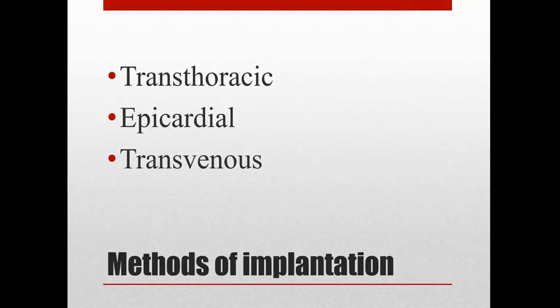And then it's guided to the heart under fluoroscopy, so it lets the physician see exactly where they're going. The tip is then attached in the right area of the endocardium or the epicardium. Transvenous implantation is usually done under local anesthesia.